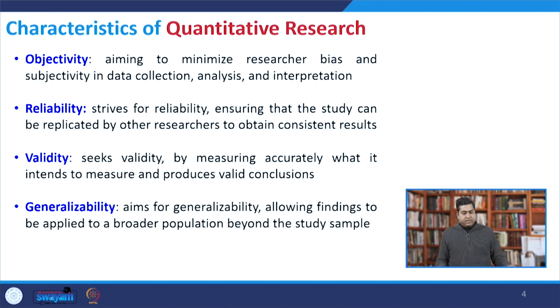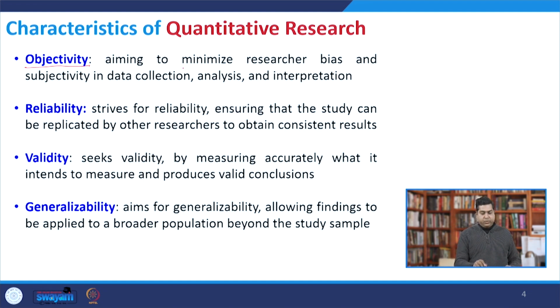Coming to the characteristics of quantitative research, in the broad category, the first one is objectivity. Whenever you are measuring something, there is no subjectivity, or you can say a qualitative approach.